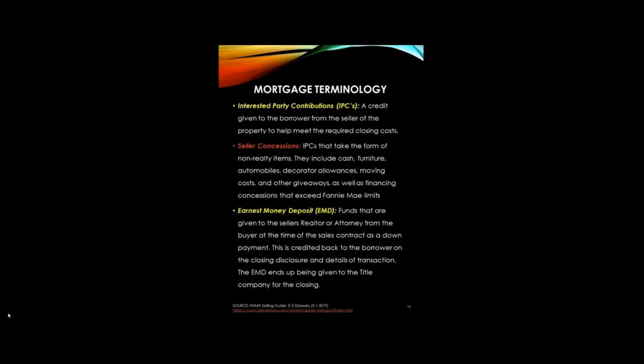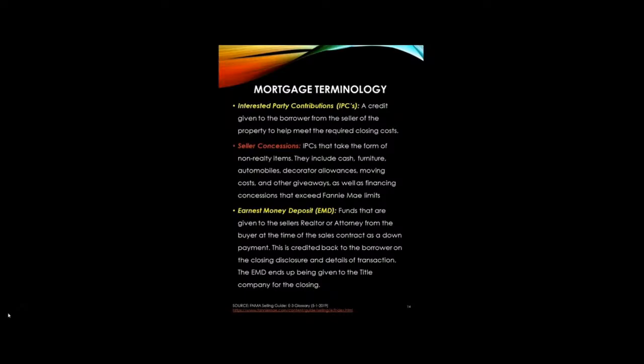And it's usually at the time of the sales contract. You would typically get a check, or sometimes you might get a money order, and we have to provide evidence that those funds definitely came from the borrower's accounts.